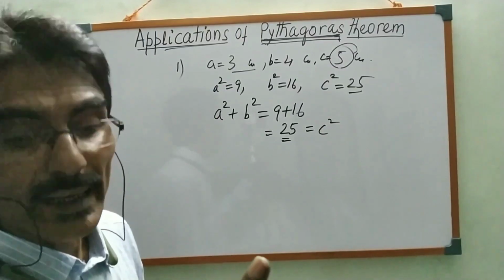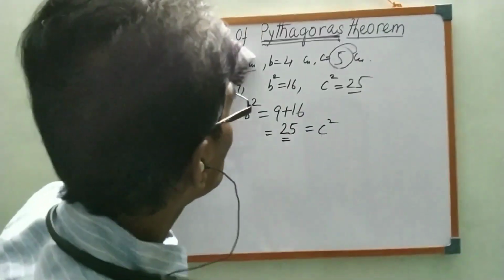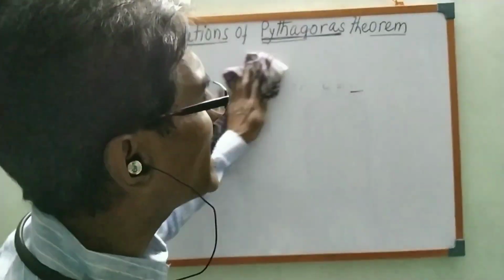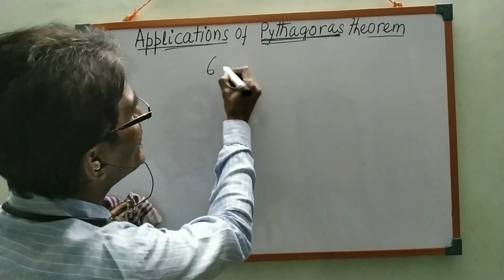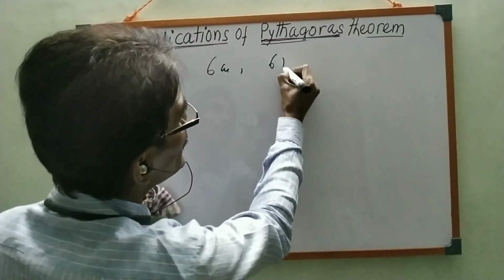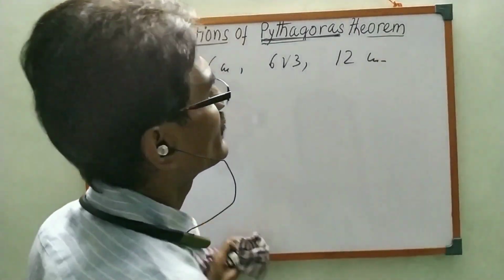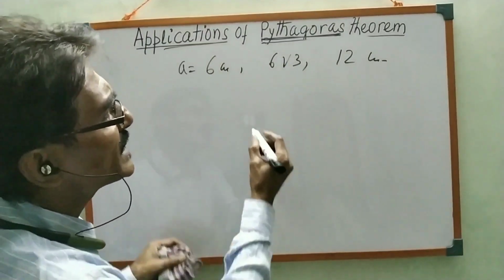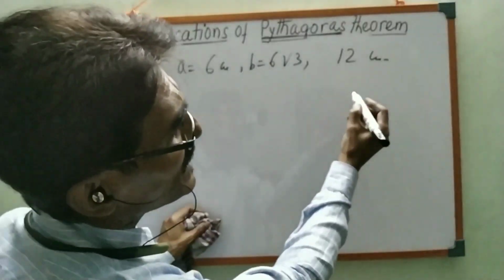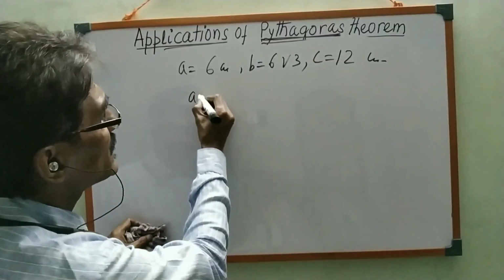The another testing, for another example, say the three sides of a triangle, this type of so many questions given in your book, are 6 centimeter, 6 root 3 centimeter and say 12 centimeter. Again, at the same way, if we test A equal to this, B equal to this and C equal to this, take the squares.